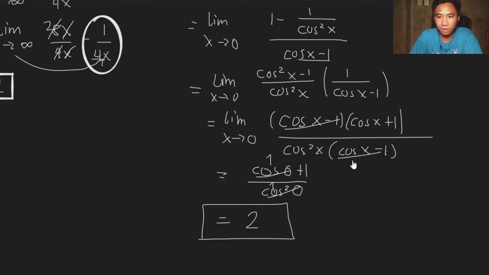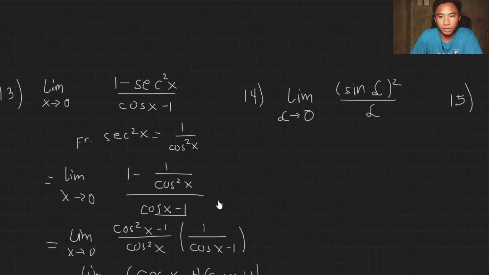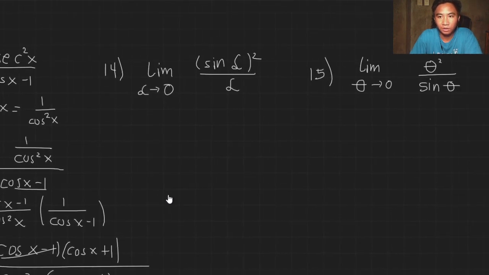Next example. Ano na ba number yan? So, 14. Last 2 na lang. So, this is simple. So, itong sine, the limit of sine alpha is the quantity squared all over alpha as alpha approaches to 0.